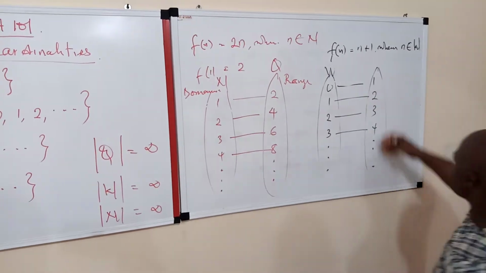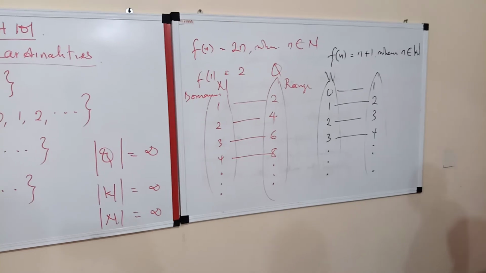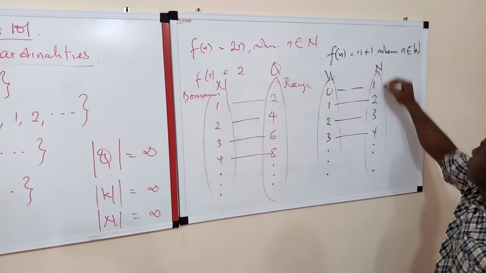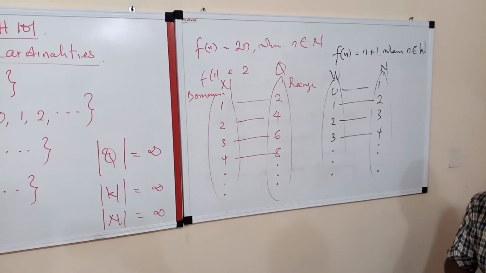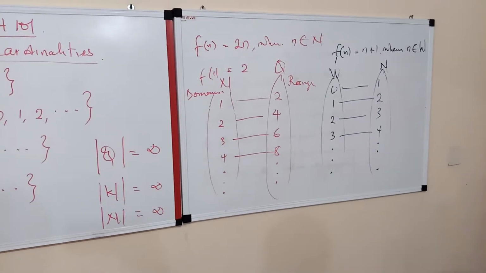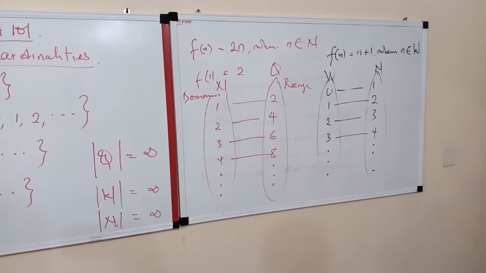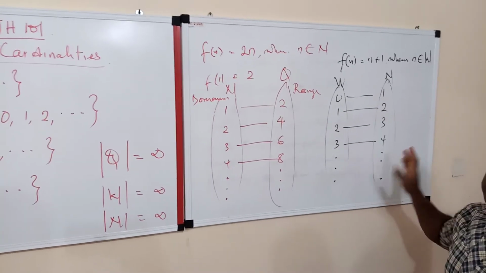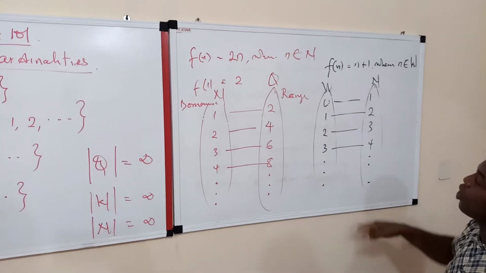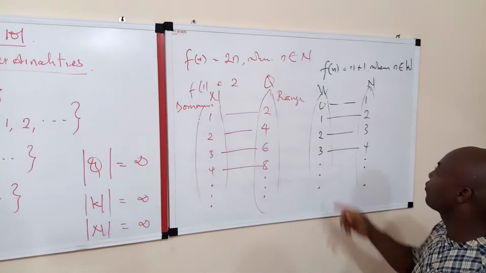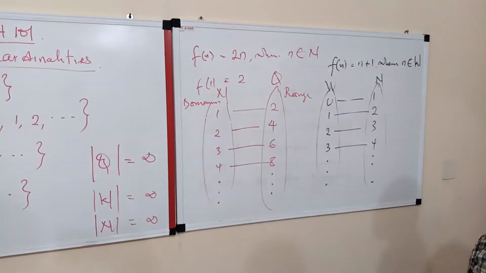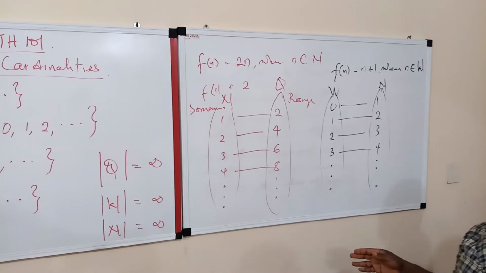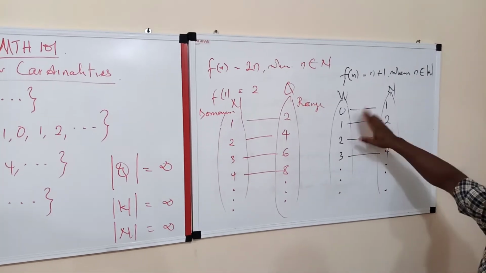If you look at it critically, you can see that the output values are the set of natural numbers. As we have earlier described, the set of natural numbers is a proper subset of the set of whole numbers.